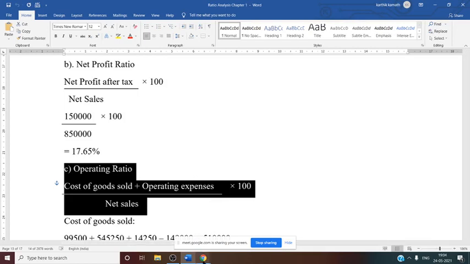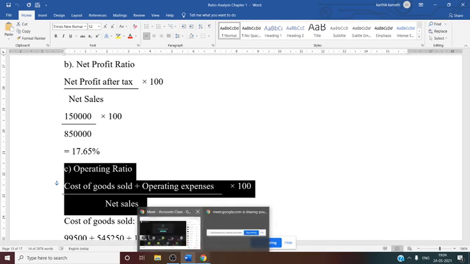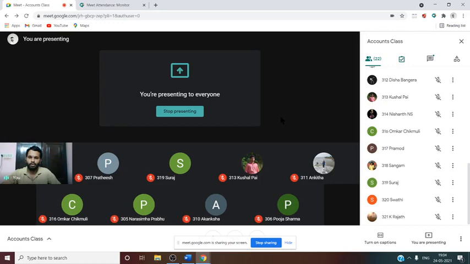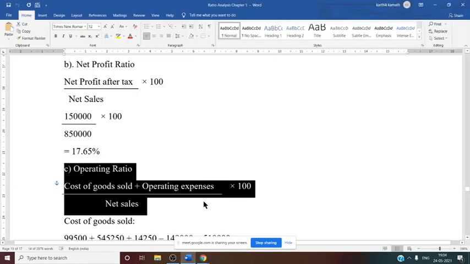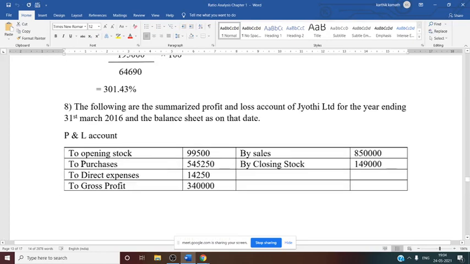So now what is the formula for cost of goods sold? So either you can calculate cost of goods sold, that is sales minus gross profit, you will get cost of goods sold, or else you can just look at the profit and loss account. You need to add the items which are given in the profit and loss account.